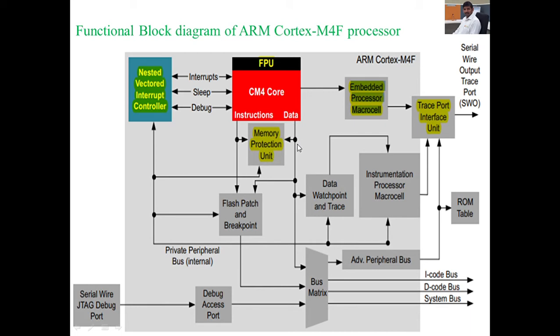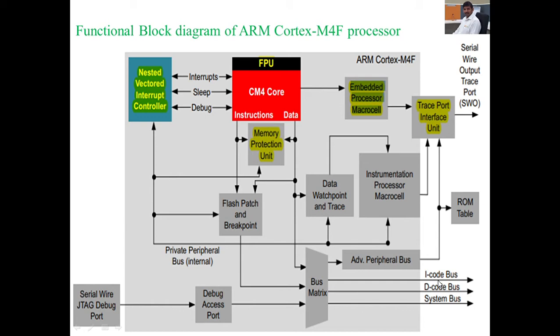Similarly, the data bus for fetching the data, and the private peripheral bus for interacting with additional peripherals like the macrocell, watchpoint, trace point, and nested vector interrupt controller. And it contains a bus matrix for scheduling these buses.